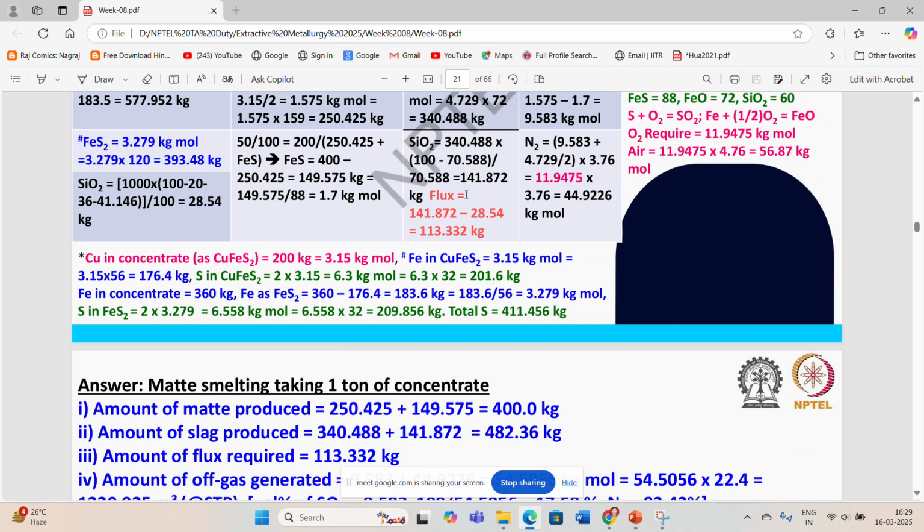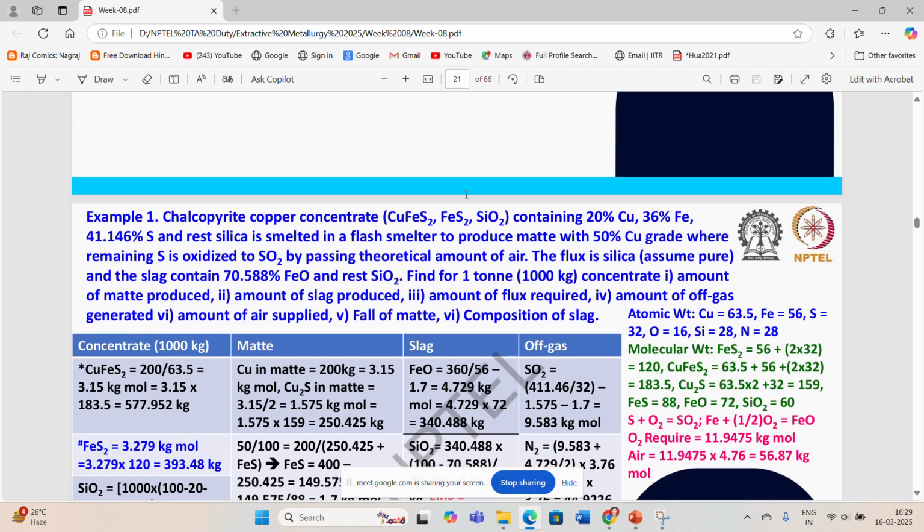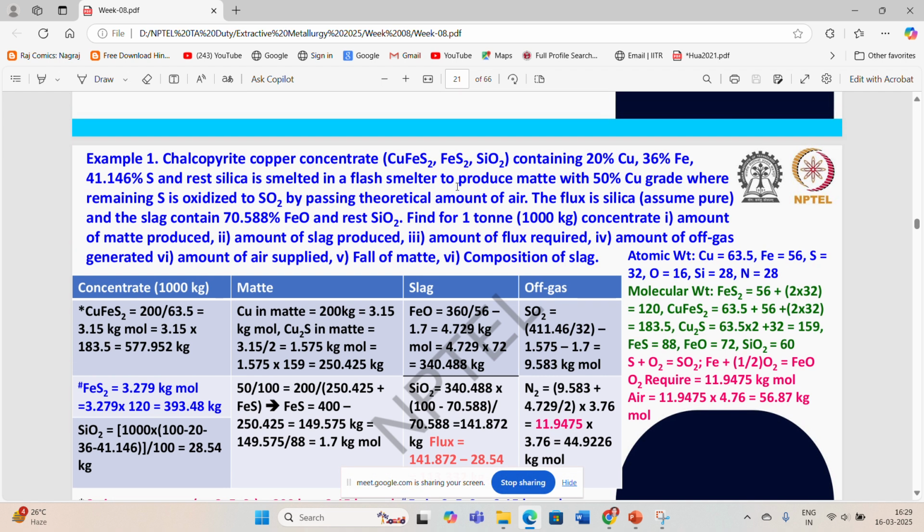Then there is a numerical problem. So we can see the chalcopyrite copper concentrate is given, containing CuFeS2, FeS2, and SiO2. The mass balance is given: it contains 20% copper, 36% iron, and around 41% sulfur, and the rest is silica, which is smelted in a flash smelter to produce matte with 50% copper grade, where the remaining S is oxidized to SO2 by passing the theoretical amount of air.